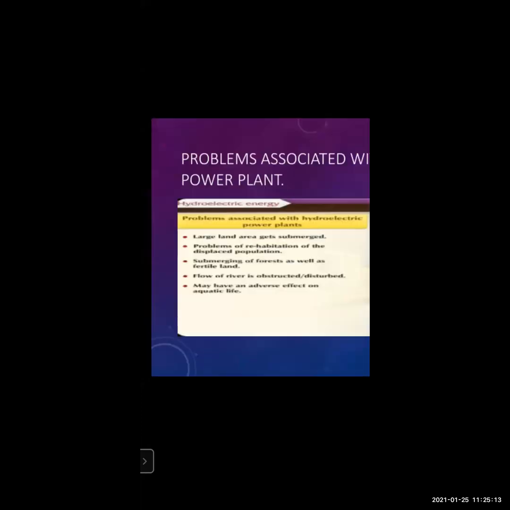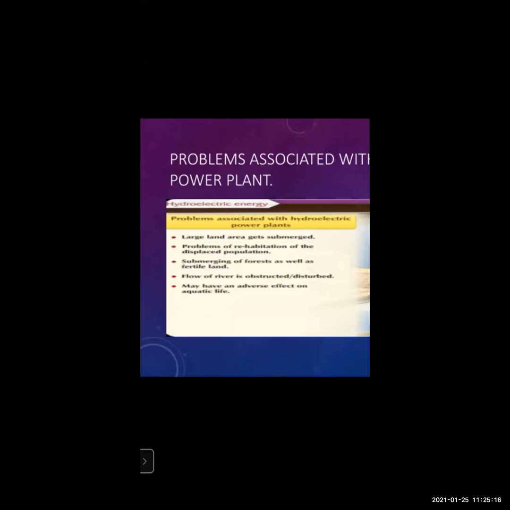There are problems also associated with this hydroelectric power plant. So what are they? It affects a large land area, which gets submerged, means the area around the dam gets submerged, and there are problems of rehabilitation of the displaced population, means people have to displace themselves from the area where they were living.